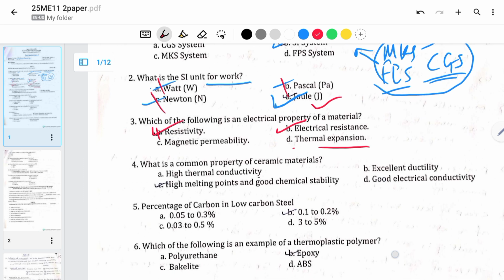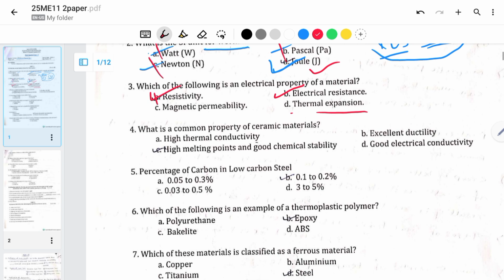Then next, what is the common property of ceramic materials? Ceramic materials have high melting points and good chemical stability. They will always have that, because ceramic materials are used as insulators, so they are not conductors, they are good insulators. That's why they have good chemical stability.